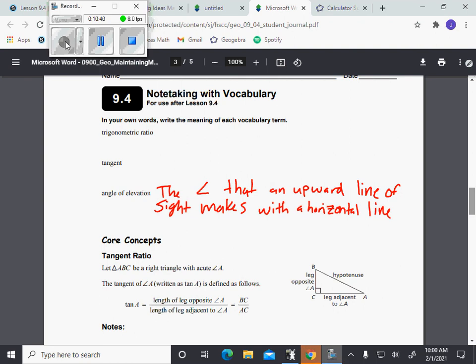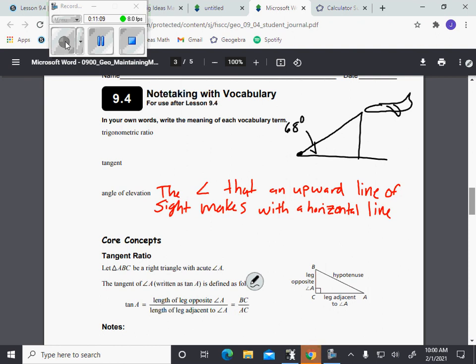So for example, let's say there was a plane up here, and here's my best drawing, there's my wing. Okay, and I'm standing down here on the ground, here's me. Let's say that angle of elevation to the front of the plane is 68 degrees.